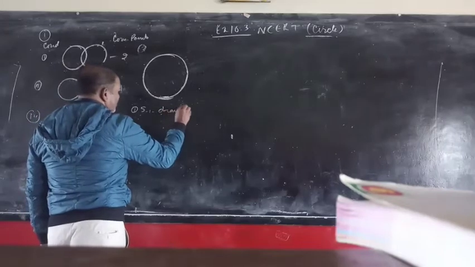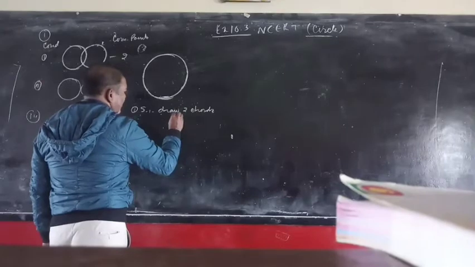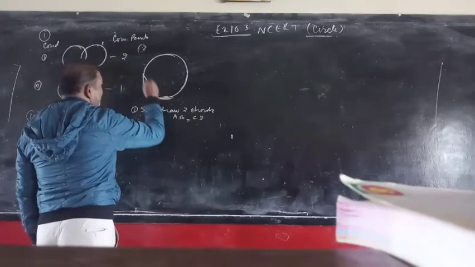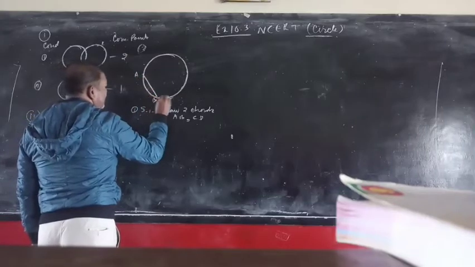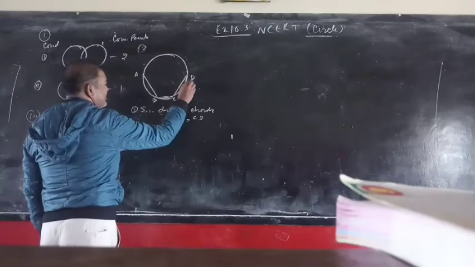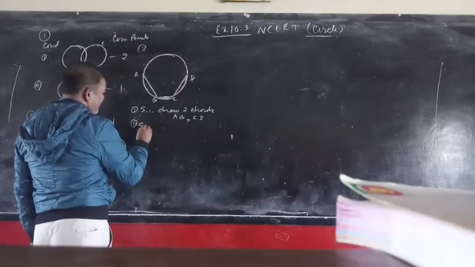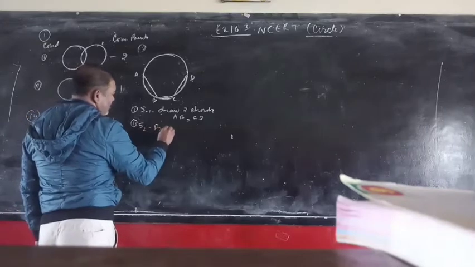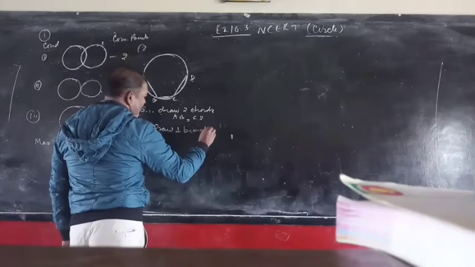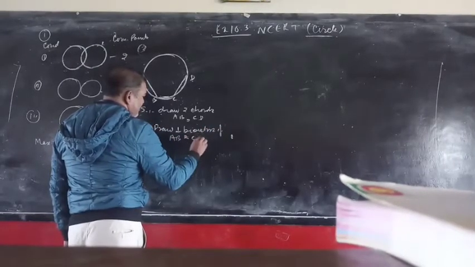What you have to do is, step 1: draw 2 chords, AB and CD. Step 2: draw perpendicular bisectors of AB and CD.